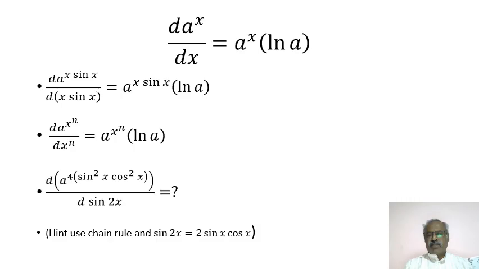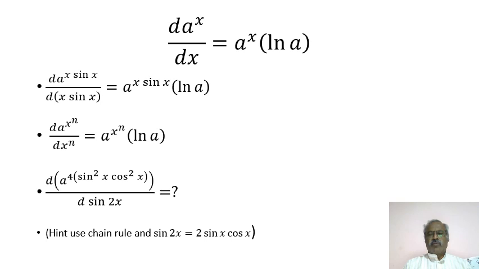One builds variations by combining two or three different standard forms also. There is a chain rule for derivatives, that is, the composite function rule. So for example, if you take sine 2x, then sine square of 2x is a different function whose independent variable is sine 2x.